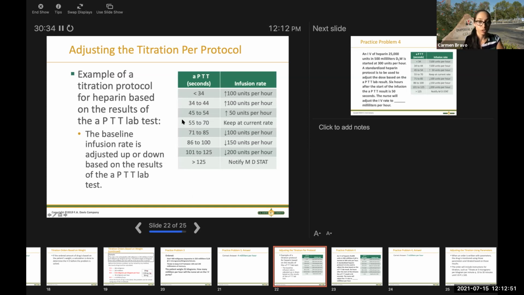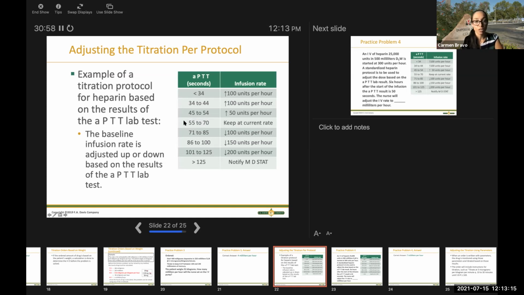If the doctor says maintain the PTT right here, 55 to 70 seconds, that is how long he wants the blood to take to start clotting. So they want to keep it here, keep at current rate.